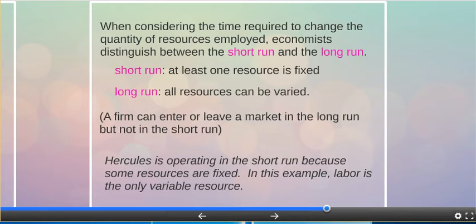In this example, labor is the only resource that varies in the short run. A firm can enter or leave a market in the long run, but not in the short run. And they can't leave in the short run because they still own a fixed resource. They can't really leave a market until they get rid of all their resources. And that's hard to do when you still have a warehouse, a moving van, and moving equipment.